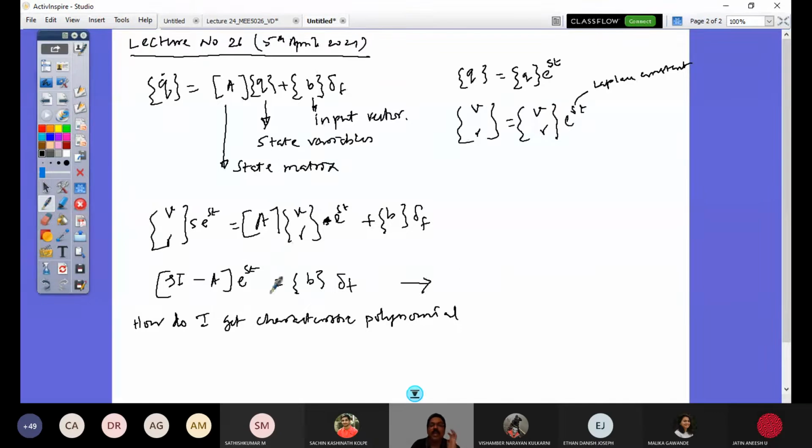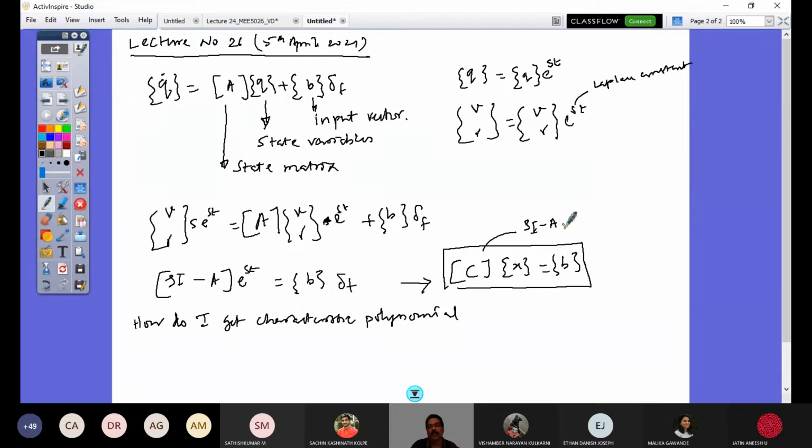It is going to be a C matrix times my X, equal to B. These are the algebraic form equations, where C is simply SI minus A. Here it is not only e raised to st, it is V, sorry, I missed this vector.